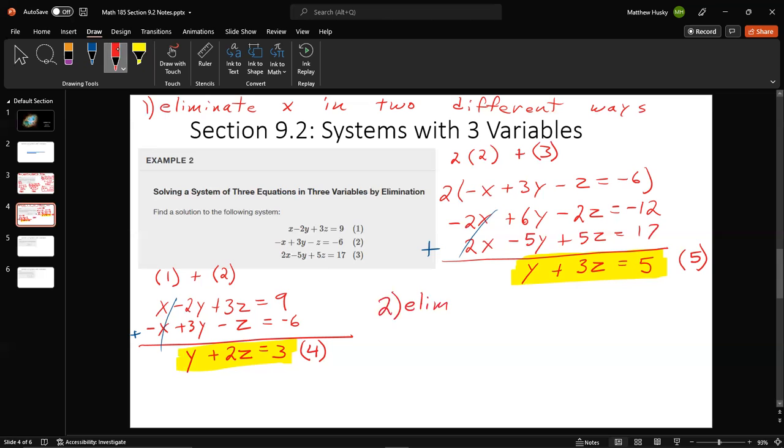I'm going to eliminate y using equation 4 and equation 5. Maybe I'll write the word "and" just so it doesn't look like plus. So that is the second step of what we're going to do here.